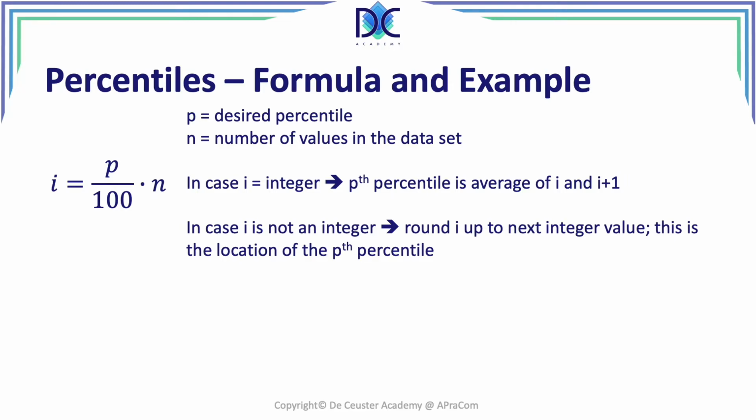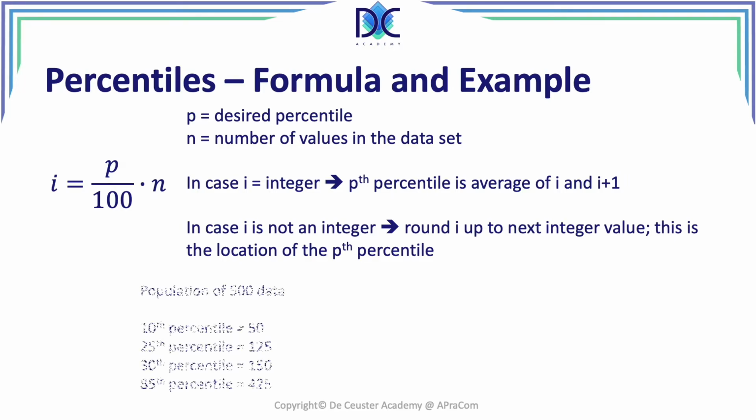Now let's look at some examples. Here we see a population of 500 data, like the population we had before when we were looking at the measurement of the speed of 500 cars. For the 10th percentile, we have 10 divided by 100 times n, which is 500, so 0.1 times 500 is 50.